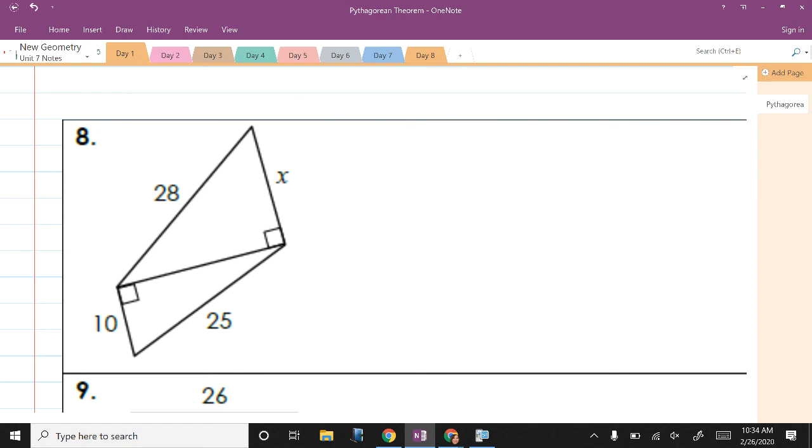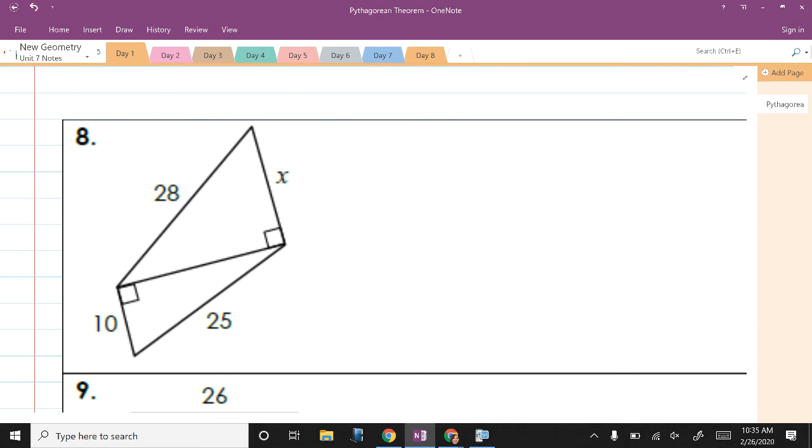I got how many right triangles? 2. So if I just look at this top right triangle where X is, do I have enough information to find X? No, I don't have this other leg, do I? Is there a way I can get this other leg? Yes, by using Pythagorean theorem with the bottom triangle.